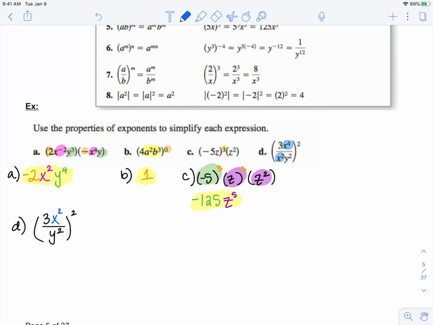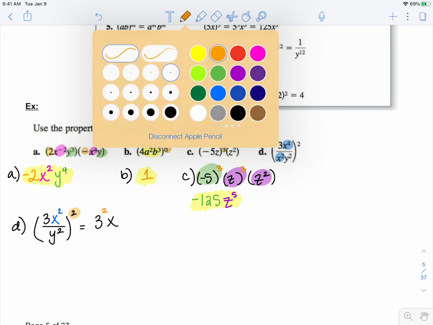Now what I can do is focus in on this outer exponent. I'm going to raise everything inside those parentheses to that outer exponent. So that becomes 3 squared. And now I have x to what power? When I raise a power to a power, I multiply.